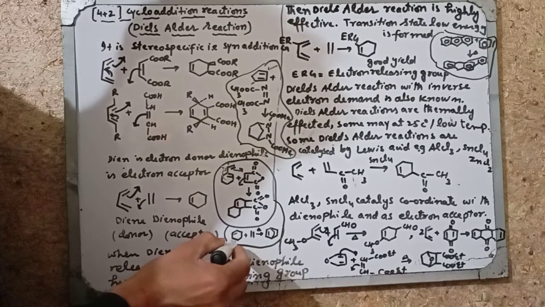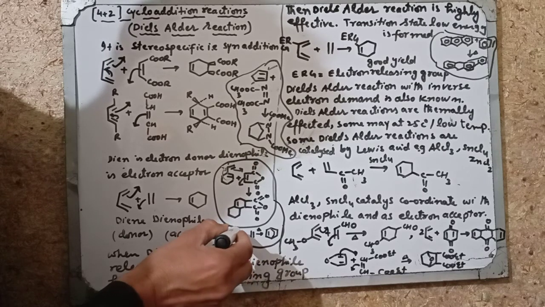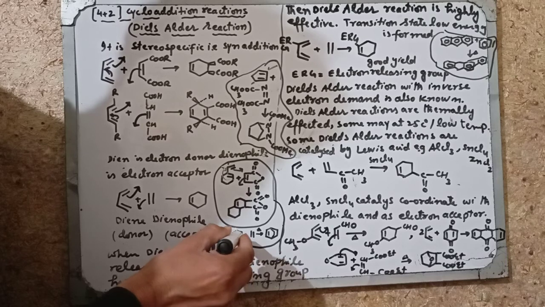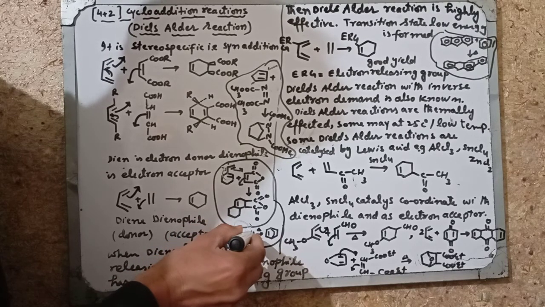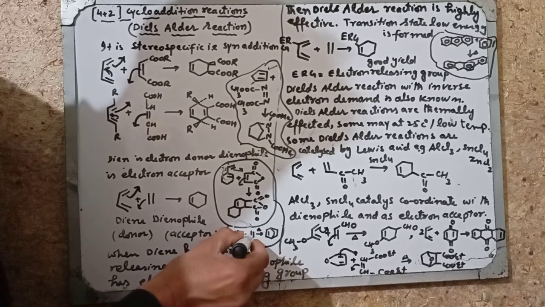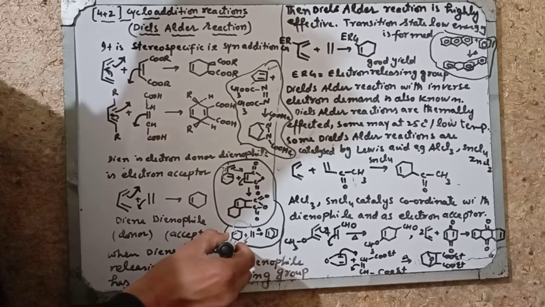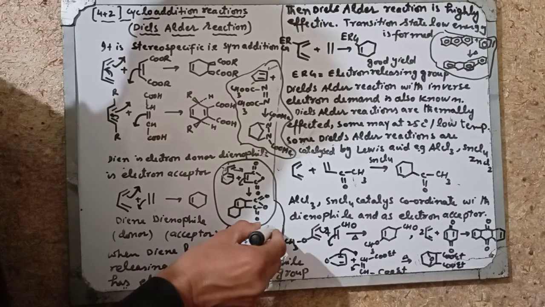Many other examples. This is 1,3-cyclohexadiene. This is the diene. Substitution will occur on this carbon and this carbon atom. This bond will shift, and this will shift between these two carbon atoms, and this will shift between these carbon atoms. So we get the substitution.